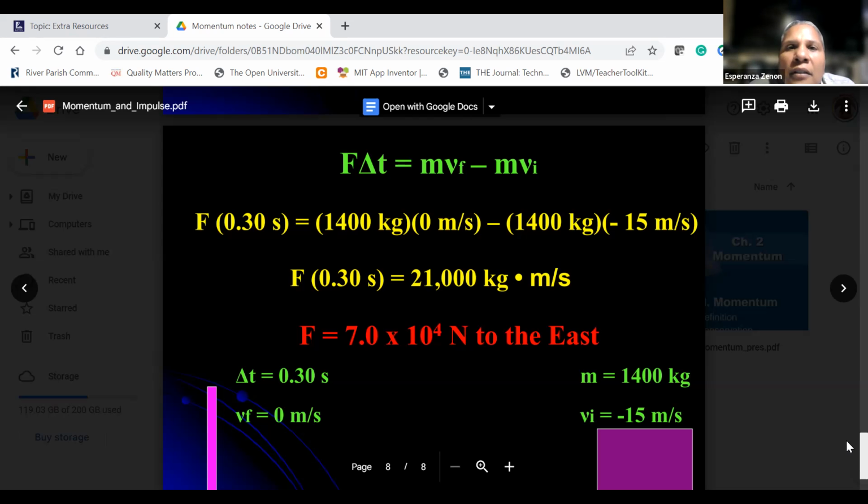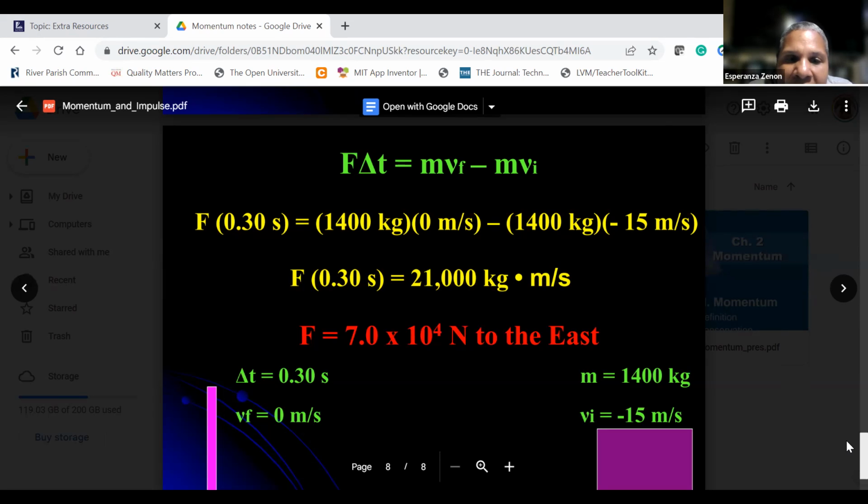Okay? So if we increase the collision time to a half a second, so we go from 0.3 to 0.5, now divide 21,000 by 0.5, you get 42,000 newtons. So we went from 70,000 newtons for 0.3 seconds to 42,000 newtons at a half a second.